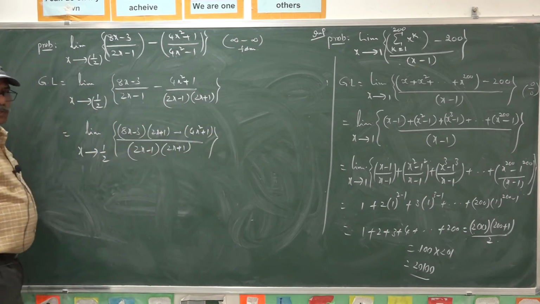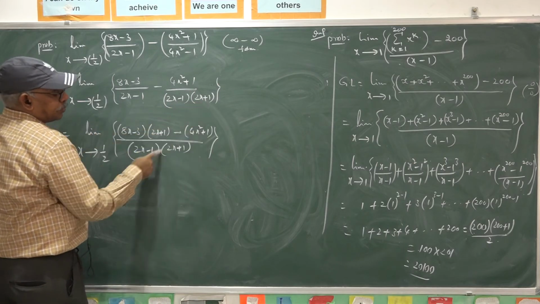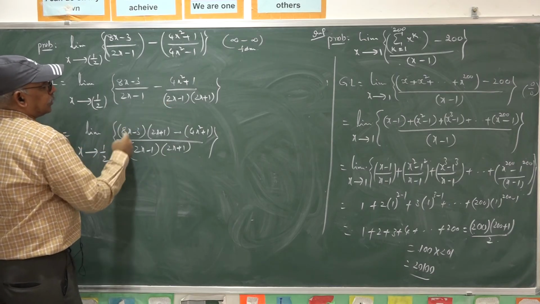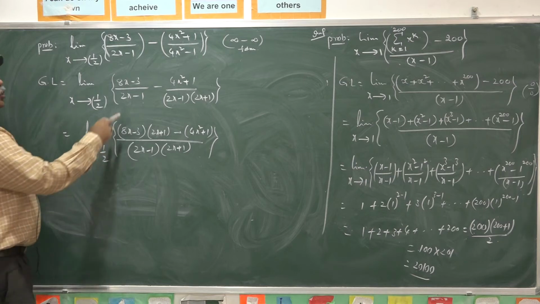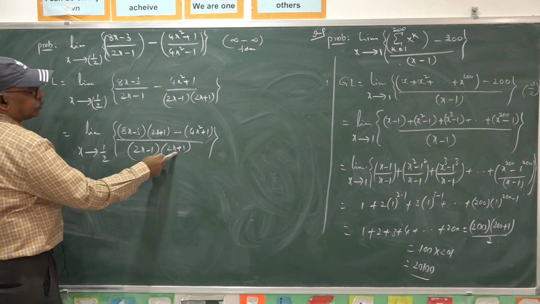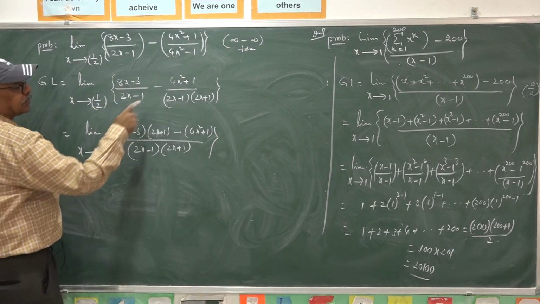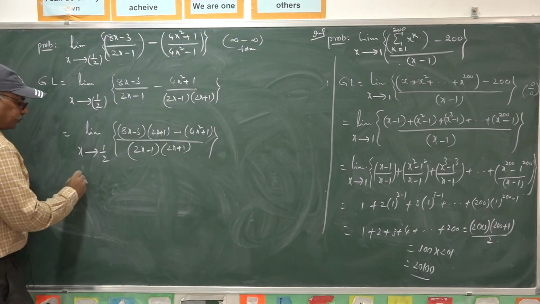The LCM is (2x minus 1) into (2x plus 1) here. So taking LCM (2x minus 1) multiplied by (2x plus 1), so (2x plus 1) into (8x minus 3) minus of (4x square plus 1) is the numerator.